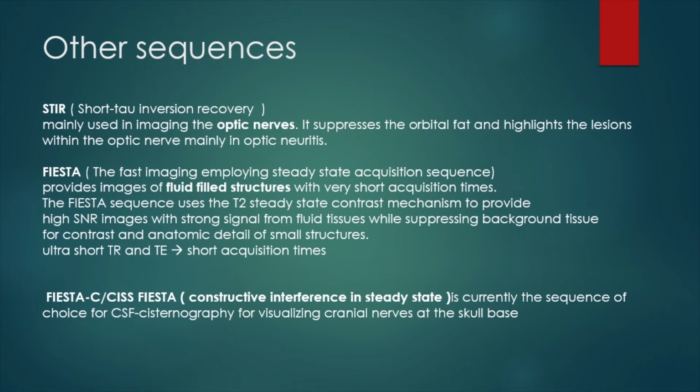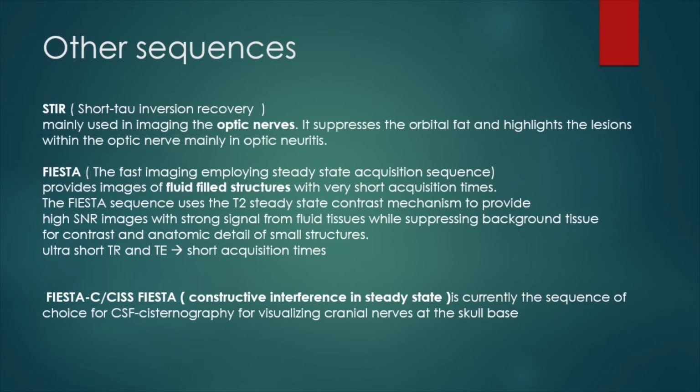So their application in ophthalmology: STIR is basically for the optic nerves. When you have a patient with optic neuritis, generally we do the STIR sequence. FIESTA is done for hemifacial spasm. That gives you the cisternal segment of the cranial nerves, and therefore any vascular conflict on the seventh nerve is easily visualized on the FIESTA sequence.